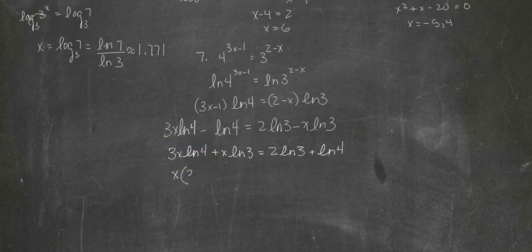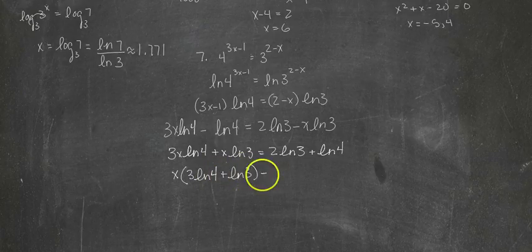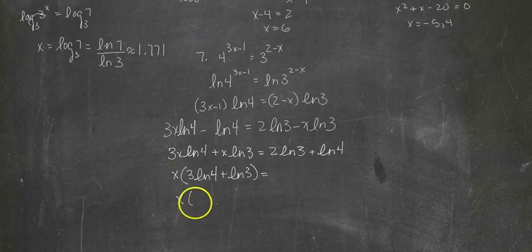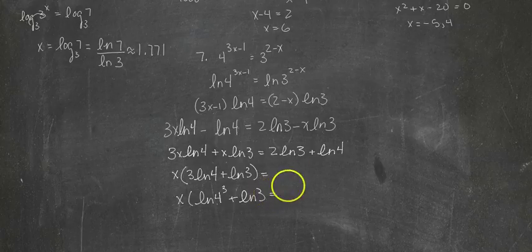I can factor the x out of both terms. So on this side I'm left with 3 ln 4 plus ln 3 equals this side. I'm going to do one more step on the left-hand side before I bring the right-hand side down. So now I have x, I'm going to put the monkey back in the tree, ln 4 cubed plus ln 3 equals natural log of 3 squared plus natural log of 4.